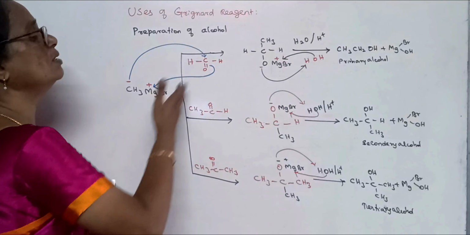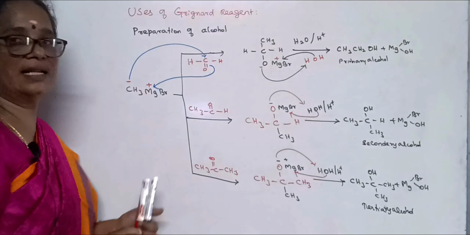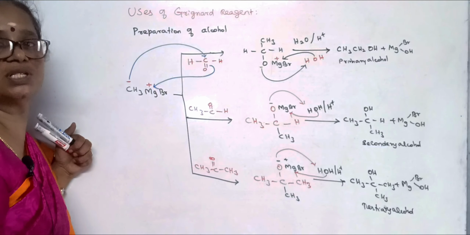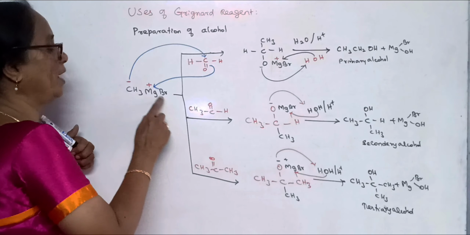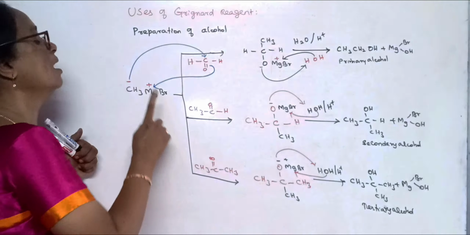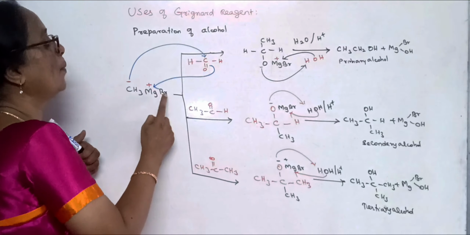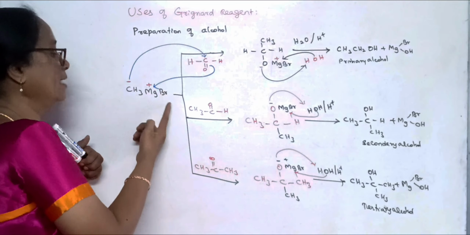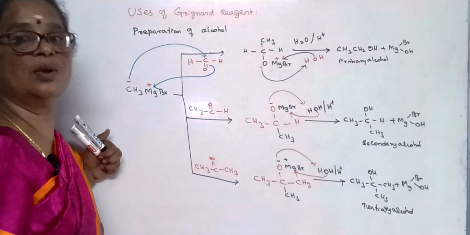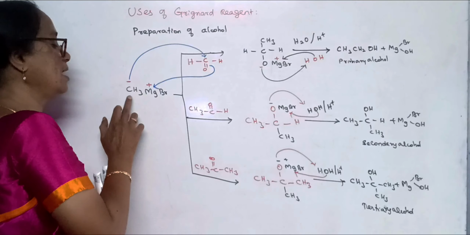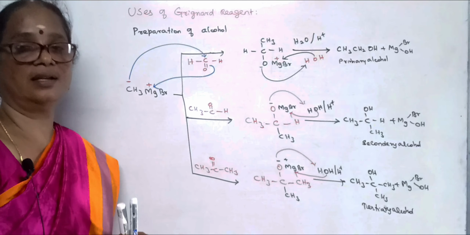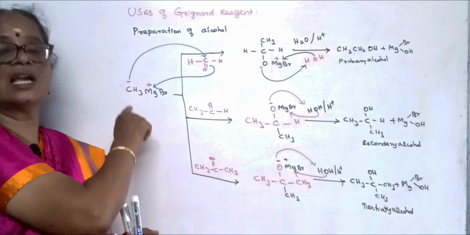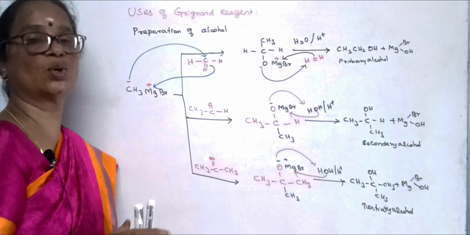So let us find how the reaction proceeds. In Grignard reagent, as it is a metallic halide, the metal should always have a positive charge. So this metallic bromide, magnesium being plus 2 valency and Br minus 1, gives plus 2 minus 1, so the rest of the charge on magnesium is plus 1 and the corresponding negative charge is on the methyl group. So in Grignard reagent the alkyl groups are nucleophiles. They have a negative charge and are electron rich, that's why they behave like nucleophiles.